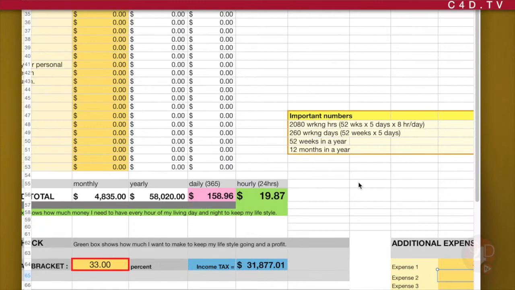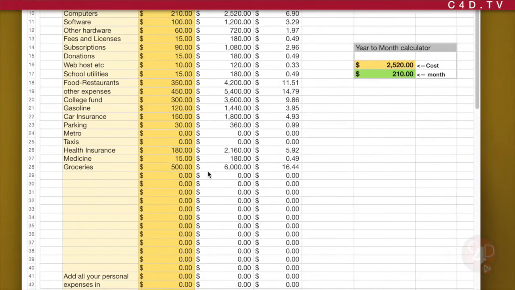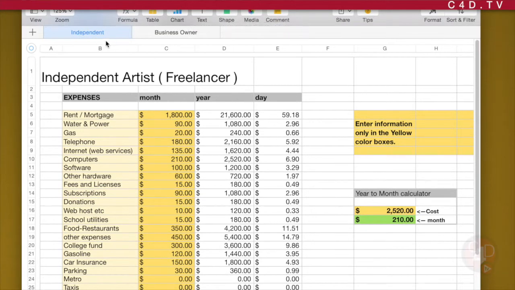Now, if you notice on the top area over here in the spreadsheet that we have, the first area is the independent. So what I just showed you applies to independent freelancers. So just remember, if you're an independent artist, you don't have workers' compensation, you don't have social security, you don't have paid vacation.